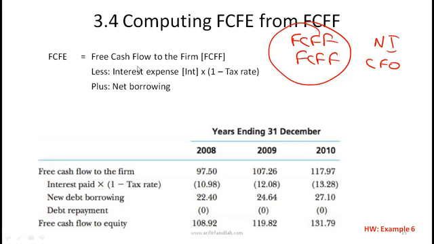The way you calculate that is you start with the free cash flow to the firm, and then you subtract the interest expense. Why? Because, let's say we are equity holders, we want to see what money we have after we have paid the debt holders, the bond holders, plus net borrowing.